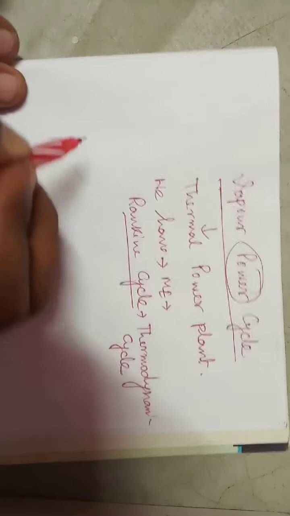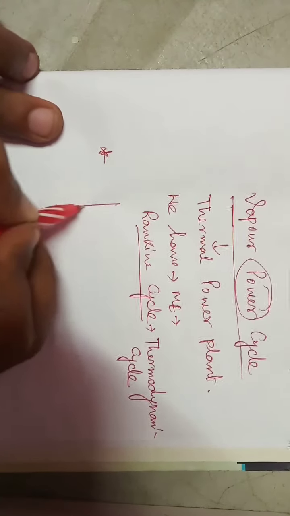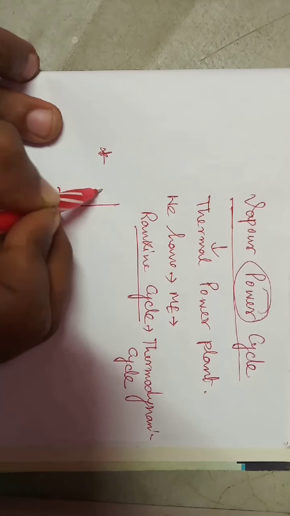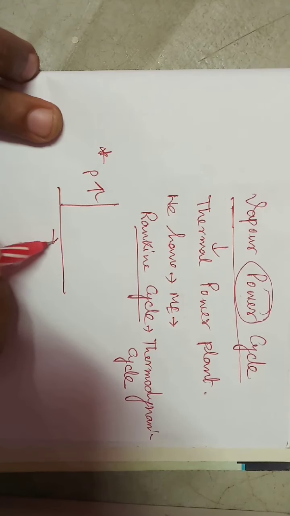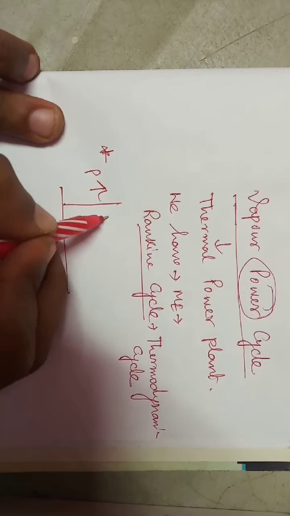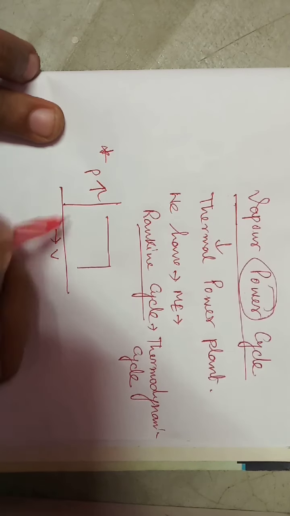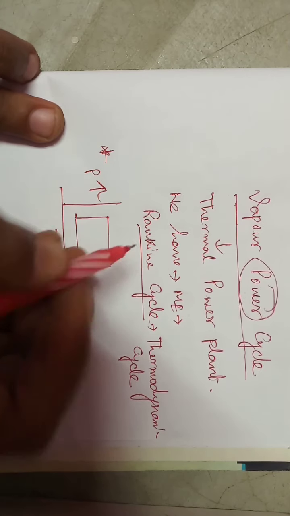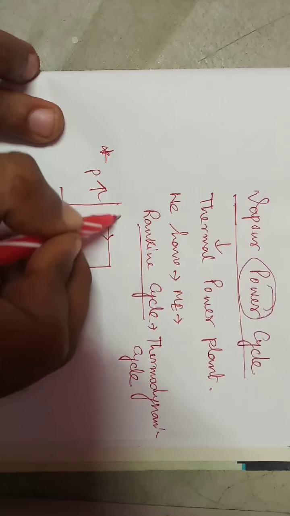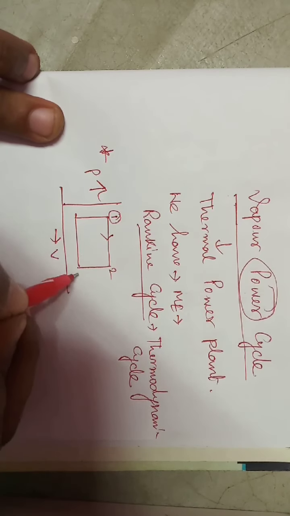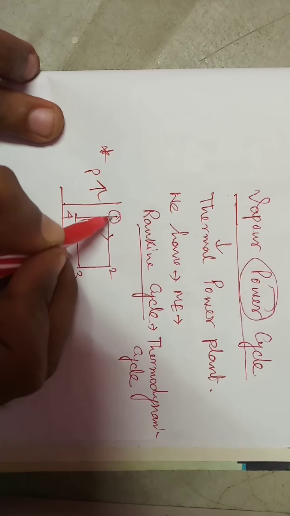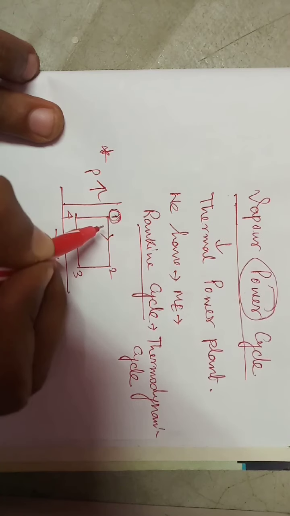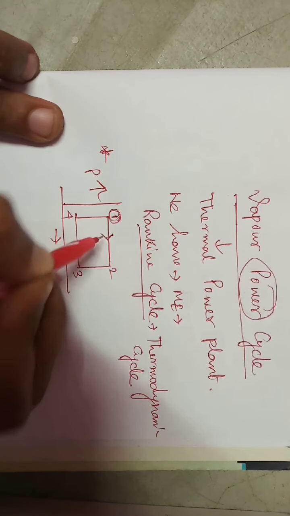A thermodynamic cycle means, if we consider a PV diagram, and it is a cyclic process, suppose the condition goes 1 to 2, 2 to 3, 3 to 4, where the fluid medium operates through the cycle.